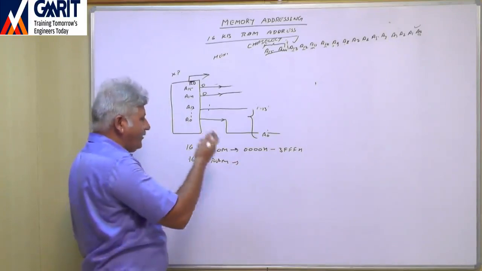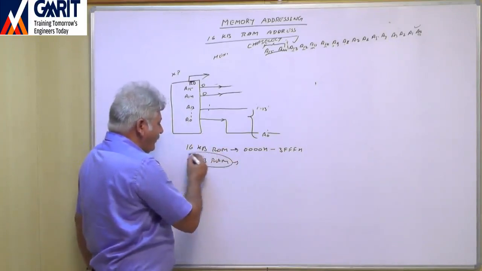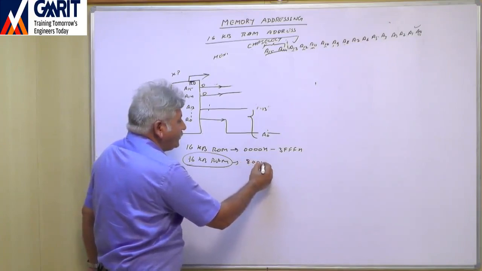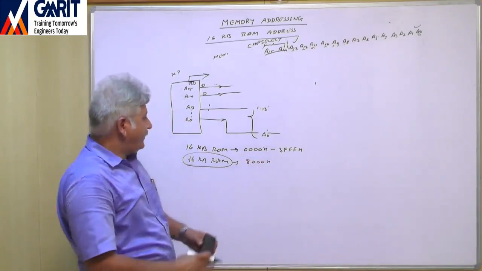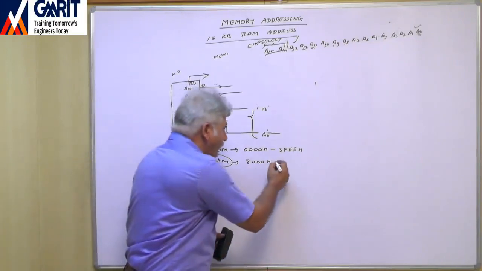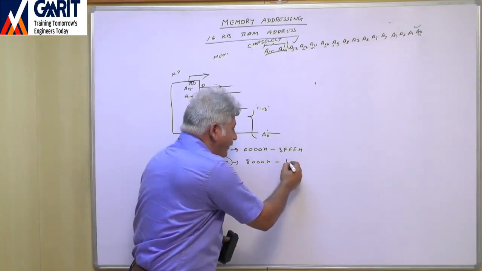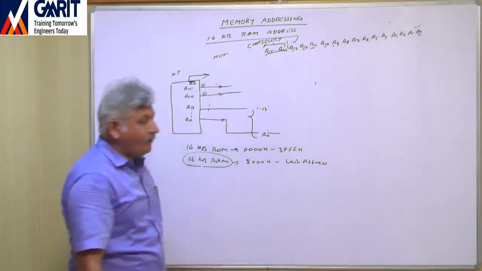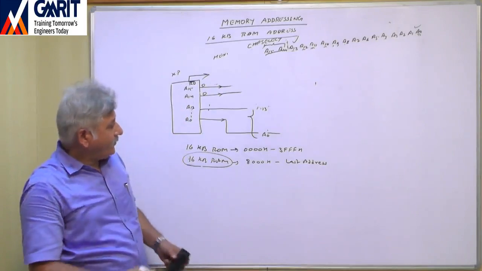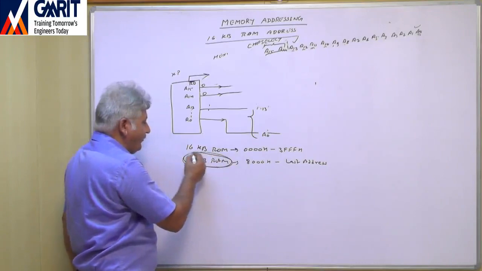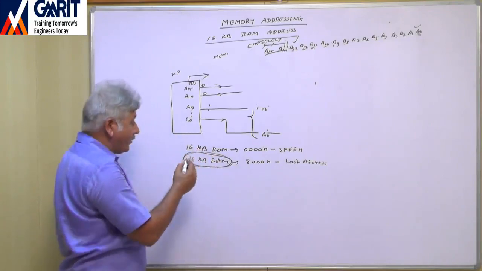So let us assume that for this RAM, I want the starting address as 8000H. Right? That should be my starting address of this 16 KB RAM. So we will find what will be my last address. So for this, again, first you find out for the 16 KB RAM, how many address lines are required.